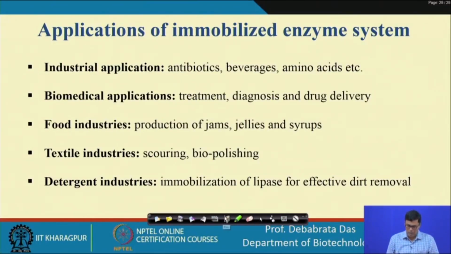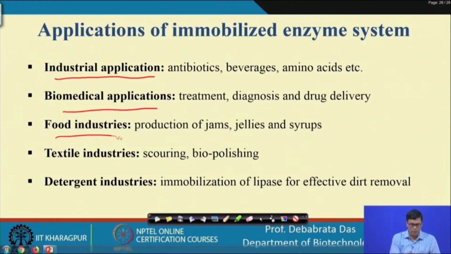As I told you, we have different applications: industrial application, biomedical application, food industry, textile industry, and detergent industry. Now, in the industrial application, we have antibiotics.